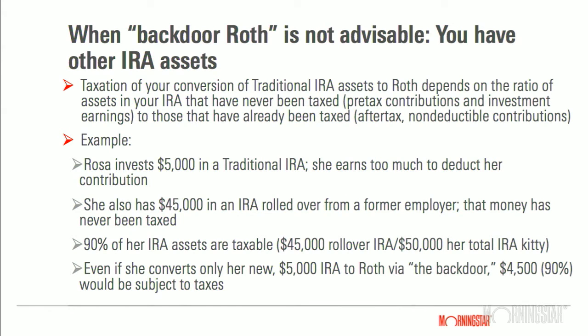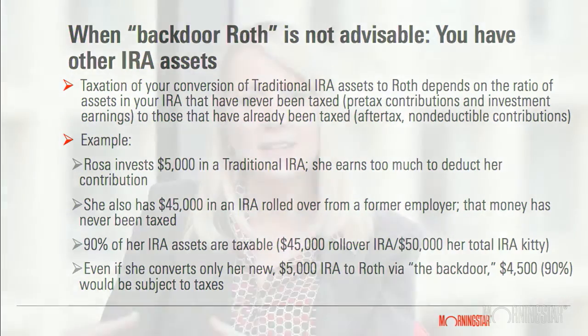So she's got this $45,000 in that kitty that has never been taxed. That dwarfs the amount of money that she has in her brand new IRA. So unfortunately, when she undertakes a conversion of her little $5,000 IRA, that's 90% taxable. So she'd want to be very careful. In fact, she'd want to avoid the backdoor Roth IRA maneuver because she will trigger a tax bill in most cases.